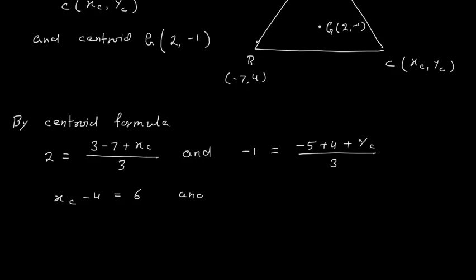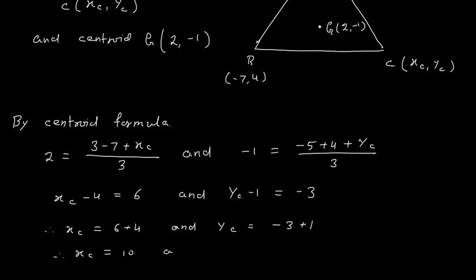So therefore the value of xc is 6 plus 4 and yc is minus 3 plus 1. So therefore xc is 10 and yc is minus 2. So we get the value of xc and yc, that is the coordinate of point C. So therefore C is 10, minus 2.